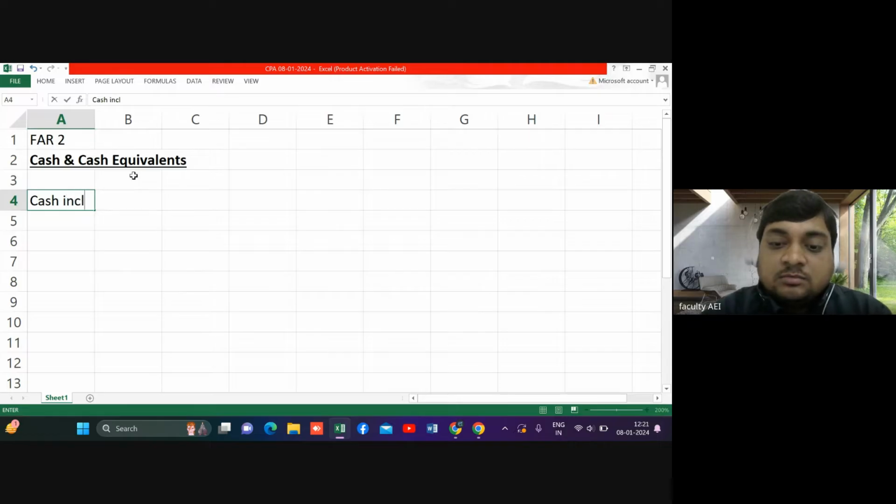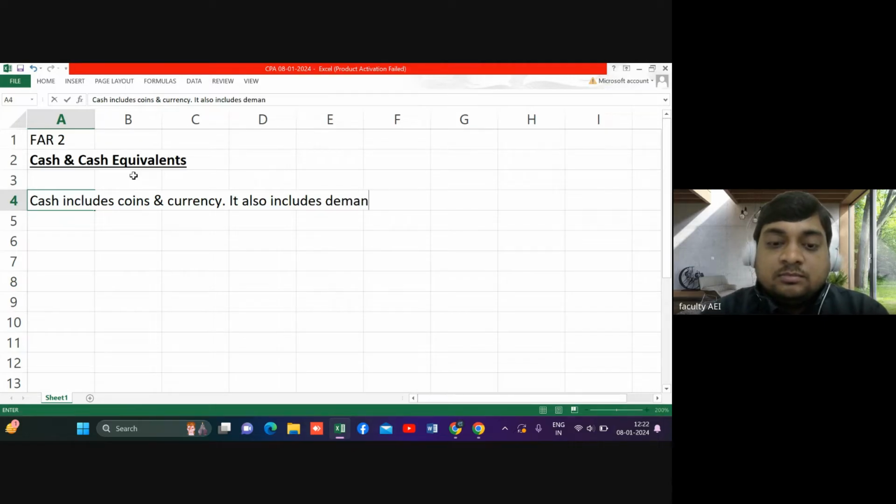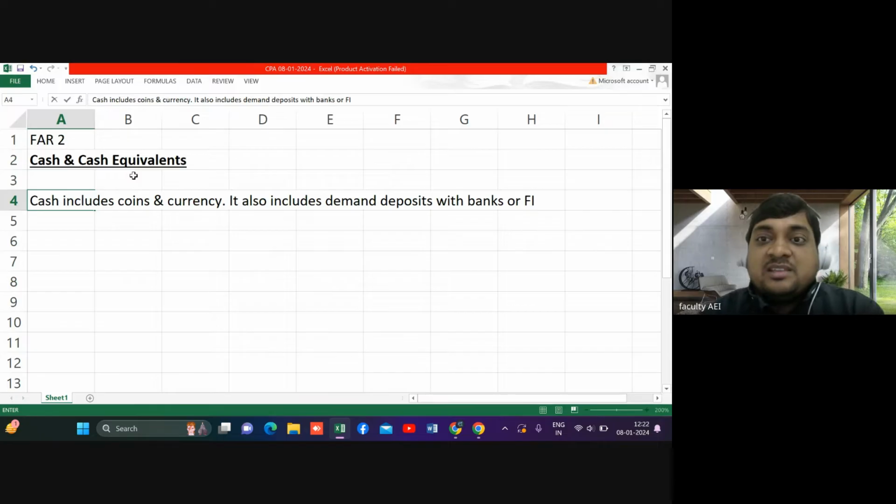So when I talk about cash, it includes coins and currency. It also includes demand deposit with banks or FI, financial institutions.